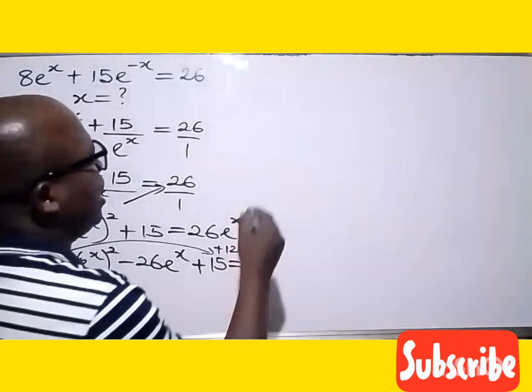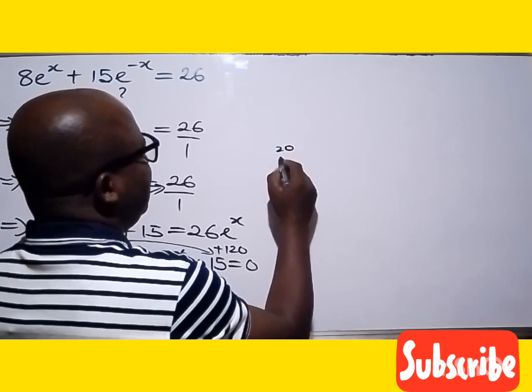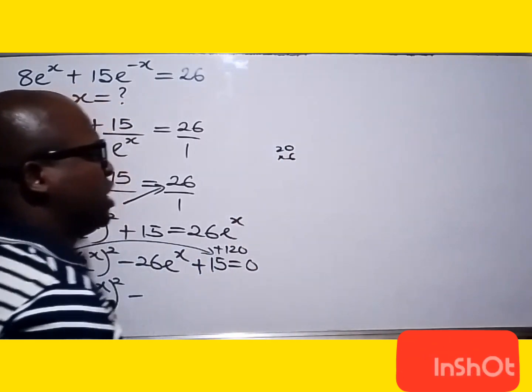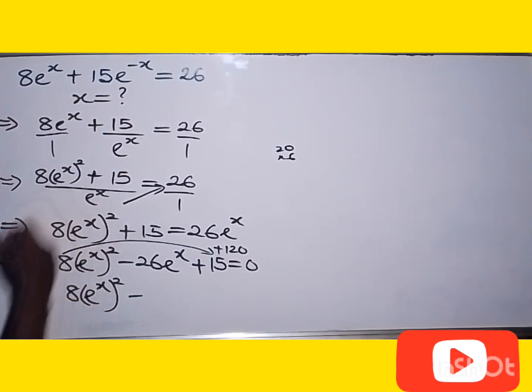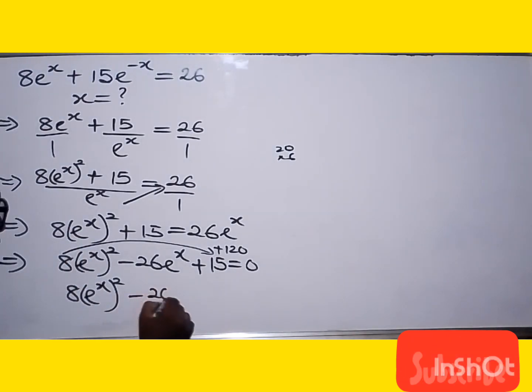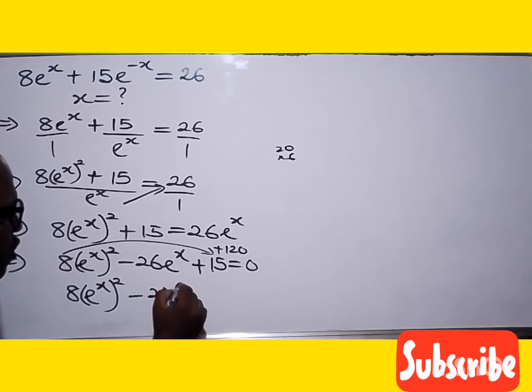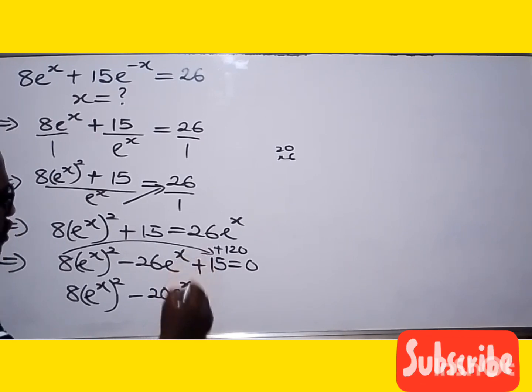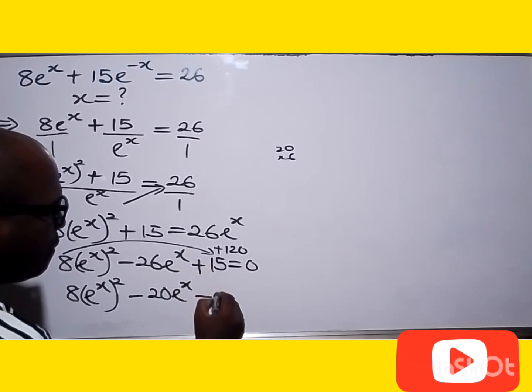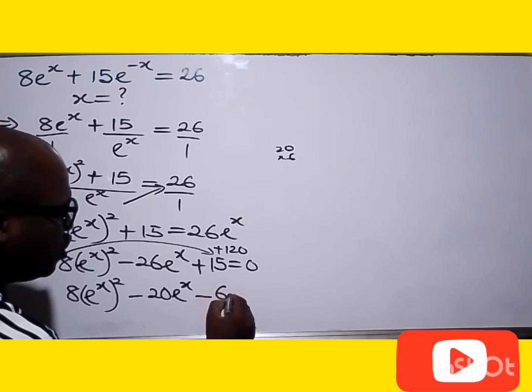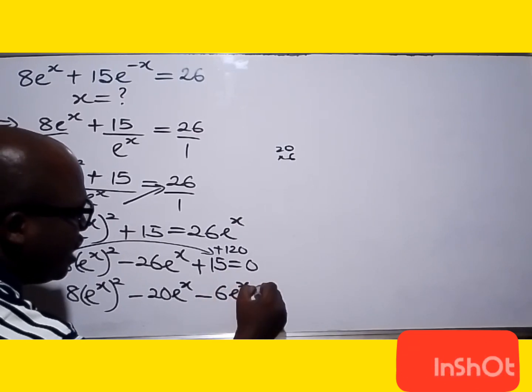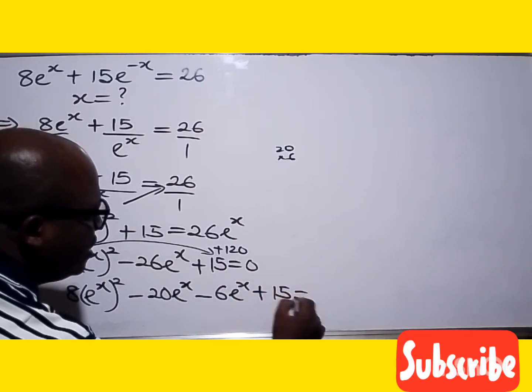If we consider 20 times 6, that will give us 120. So I think this should be the factor. That means we have minus 20 e to the power of x, and minus minus will give us plus, so here this also will be minus 6 e raised to the power of x. Then here we have plus 15 is equal to 0.